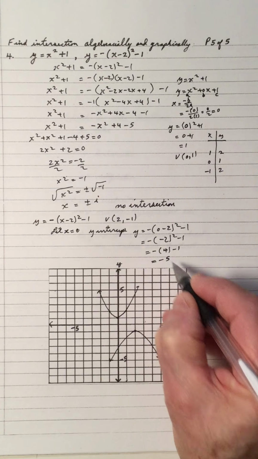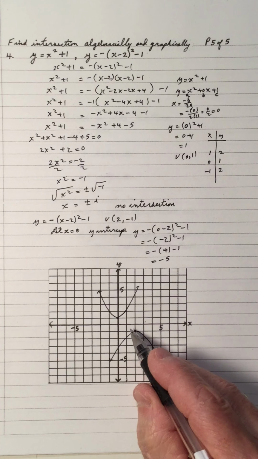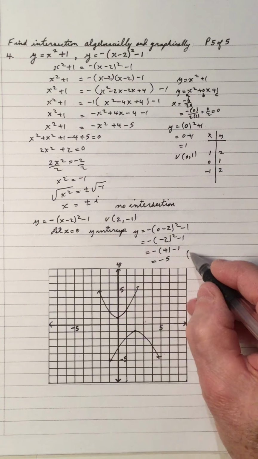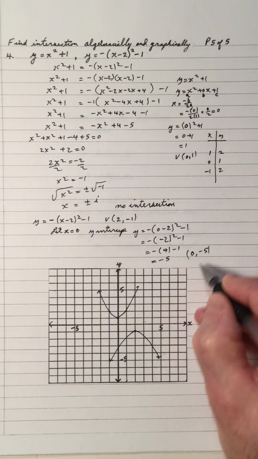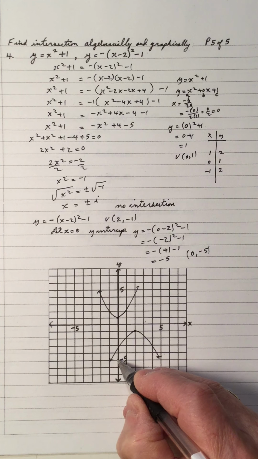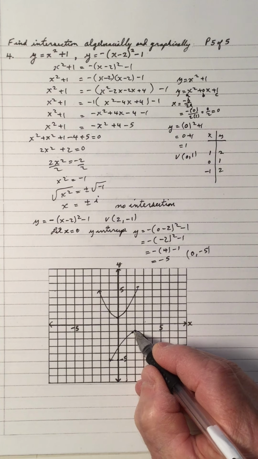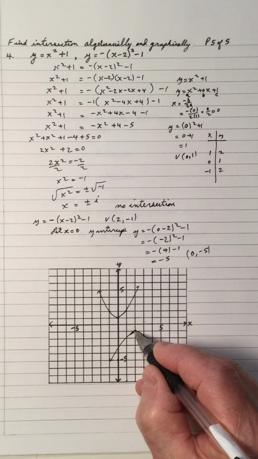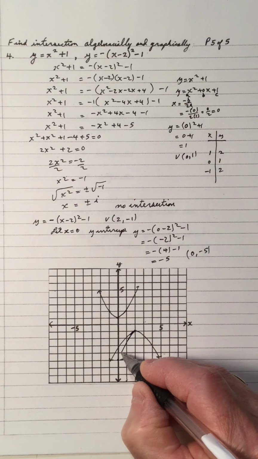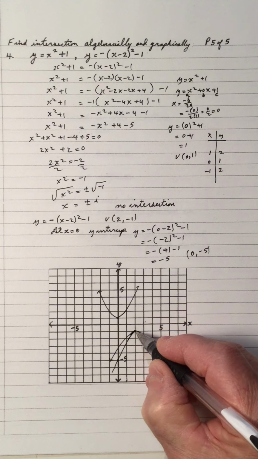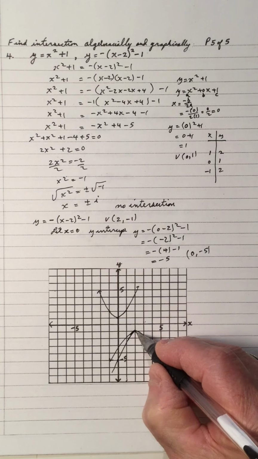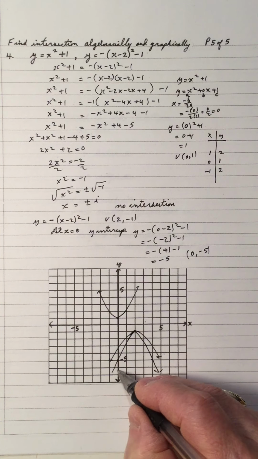I get a negative 5. So that means when x is 0, y is negative 5. So there it is right there. So my parabola really comes downward, but to be more accurate, if I put that y-intercept in, my parabola will do this to be more accurate.